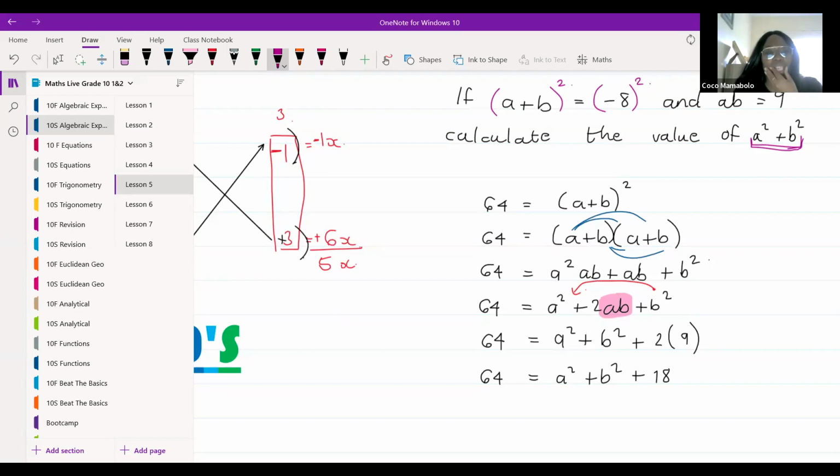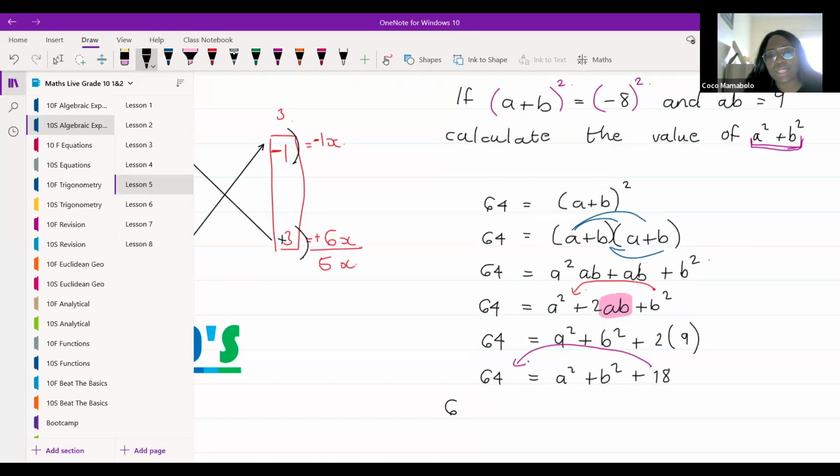Not particularly. That's it, Abu. We don't have to bring it to the front. It's no big deal. We're going to take the 18. We don't have to square root. We just need to take the 18 over to that side. That's it, Emmanuel. So that we can have a squared plus b squared on its own.